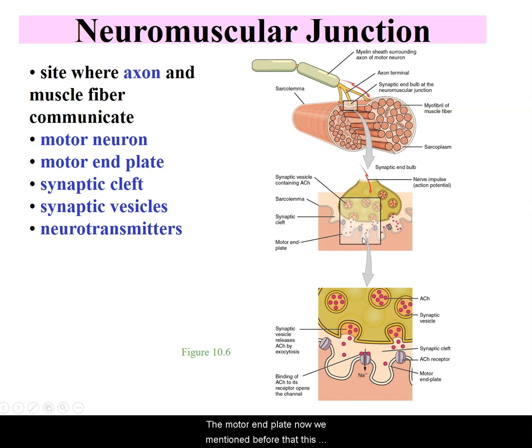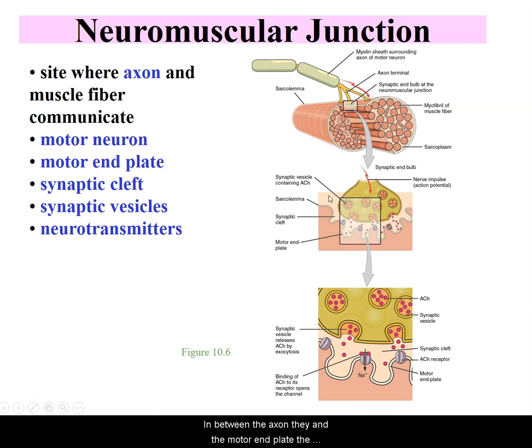Now, we mentioned before that this undulation of tissue allows for more surface area, because on the surface of this tissue are going to be receptors that are stimulated by the neurotransmitters that are in these synaptic vesicles.